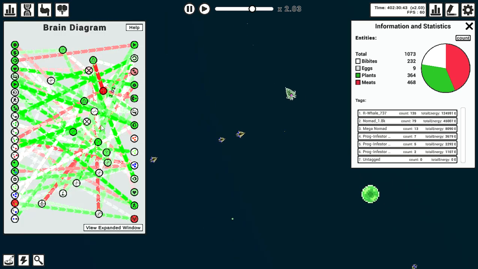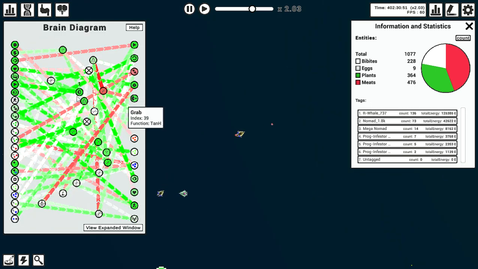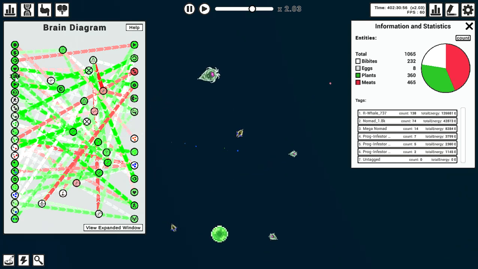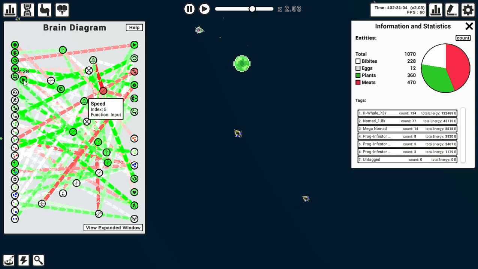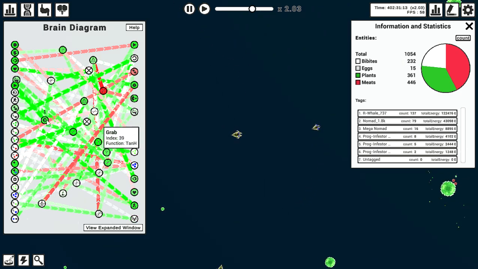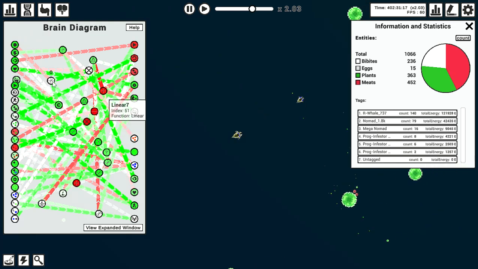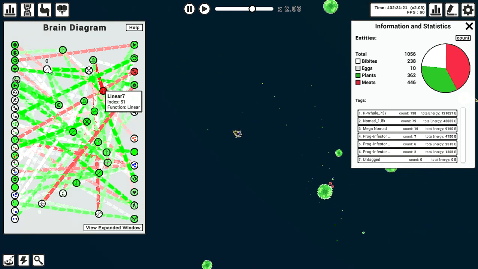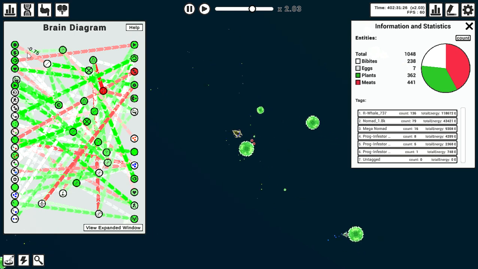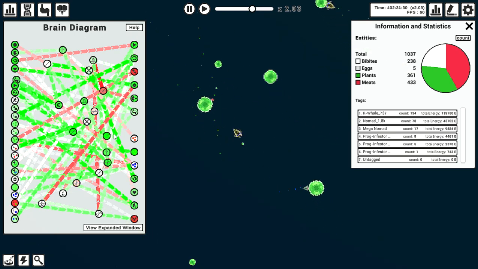Hold on. No. Okay, grab. So we have speed, fullness are your triggers for grab. We don't have a solid negative to grab. We have a linear, that is a solid negative. It's fed by a constant net 1.75.